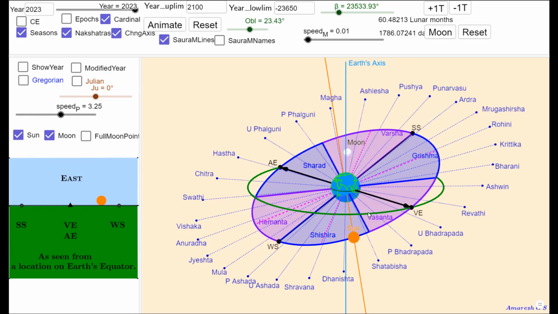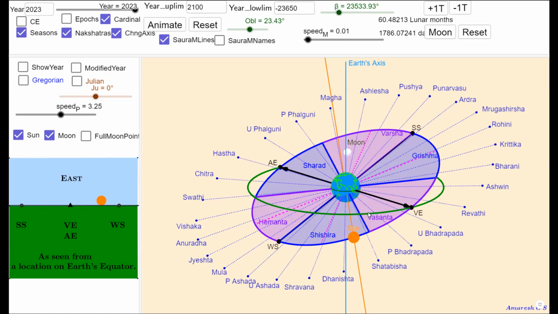So I hope you understand why the insertion of Adhika-masa is required, in simple language, so that we can stay with pratyaksha, drik pratyaya, that is the word used in astronomy. What we see in the sky and the way we compute on paper, let's say, the name of a lunar month, they should match. If we want them to match, we must make this periodic synchronization correction and bring the lunar calendar in sync with the solar calendar.